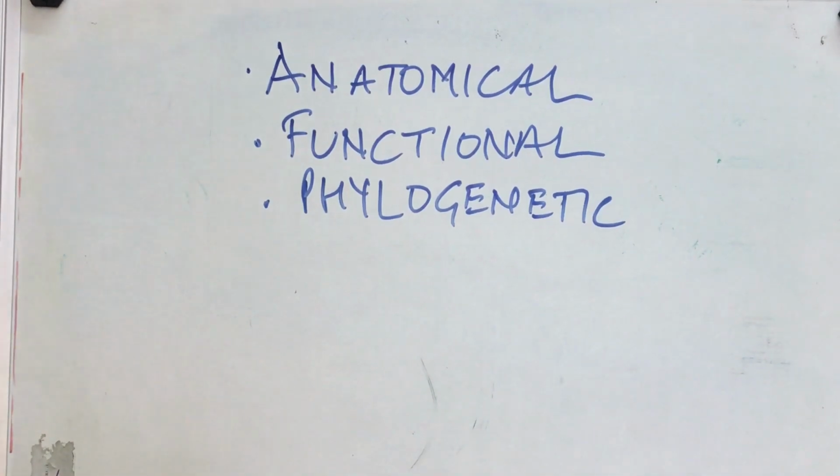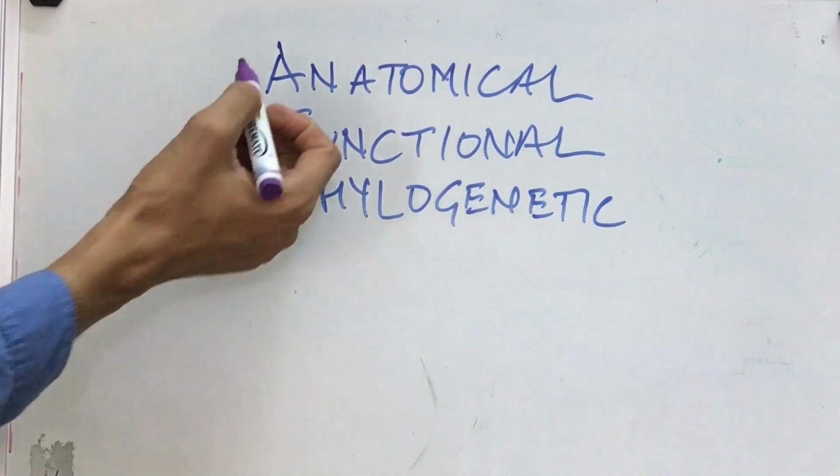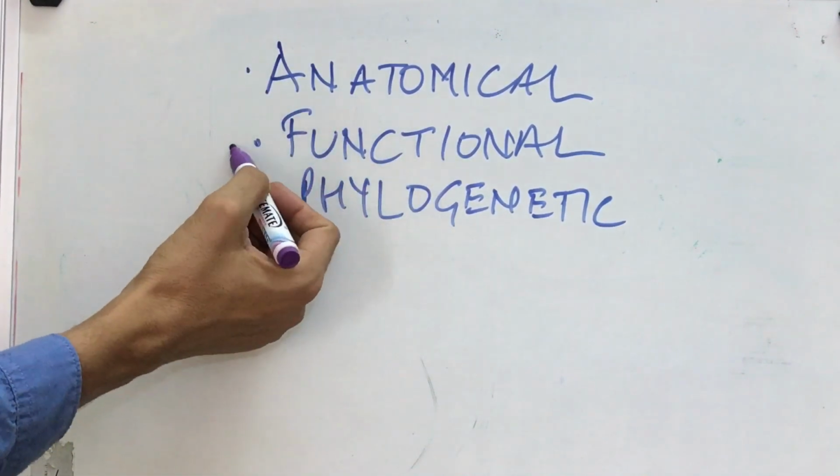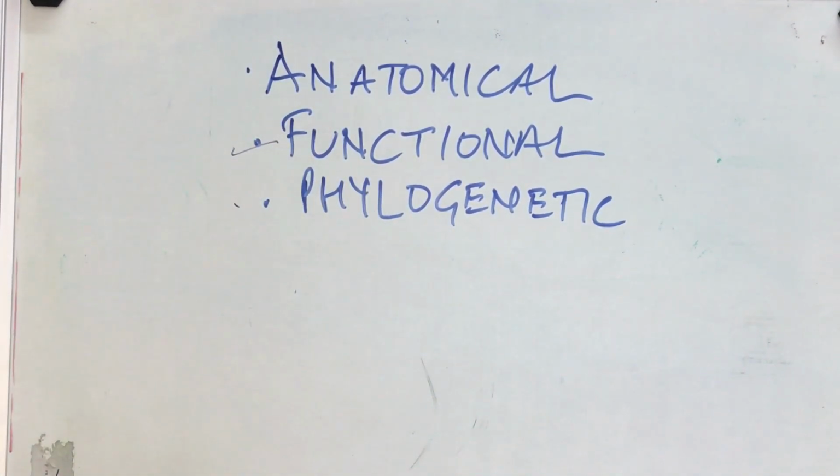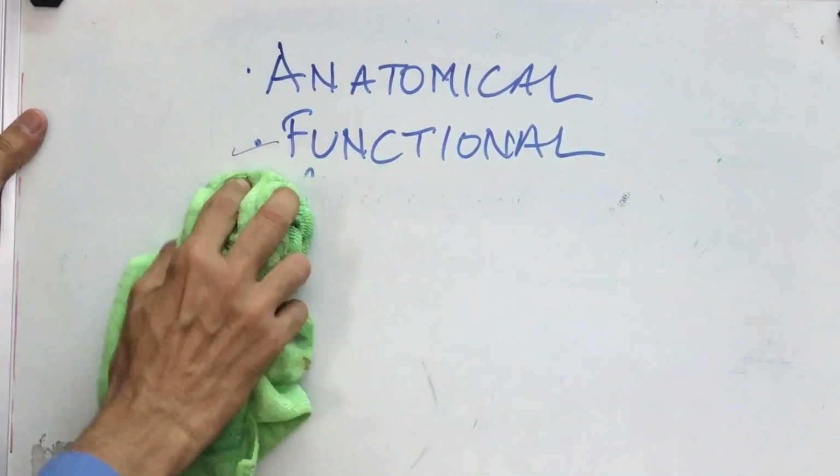We have discussed the anatomical classification, the anatomical division of the cerebellum, as well as the functional and phylogenetic ones. Now, the histological part. Histologically, the cerebellum again consists of three parts.